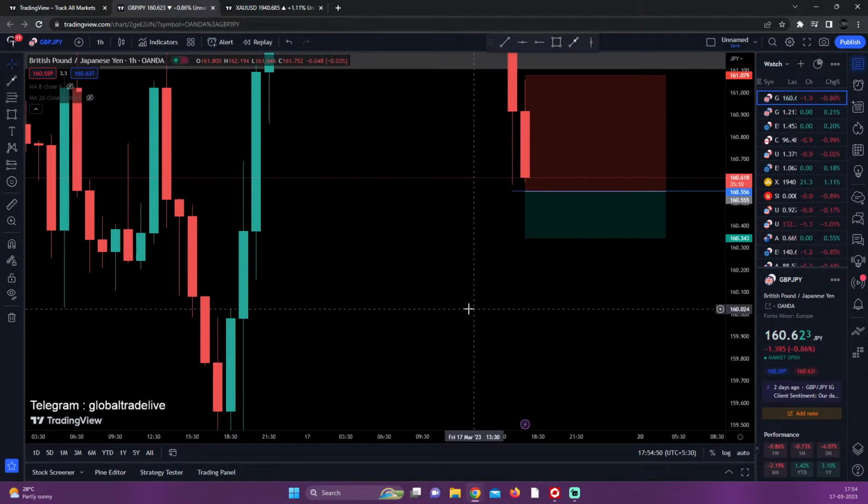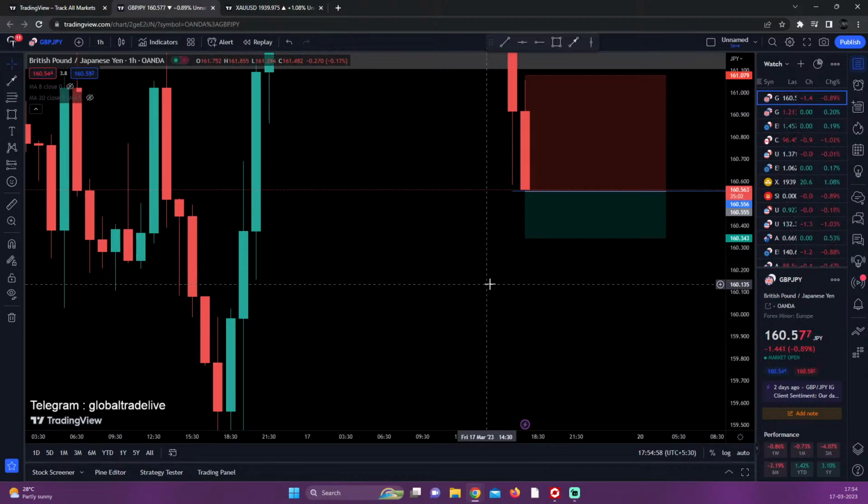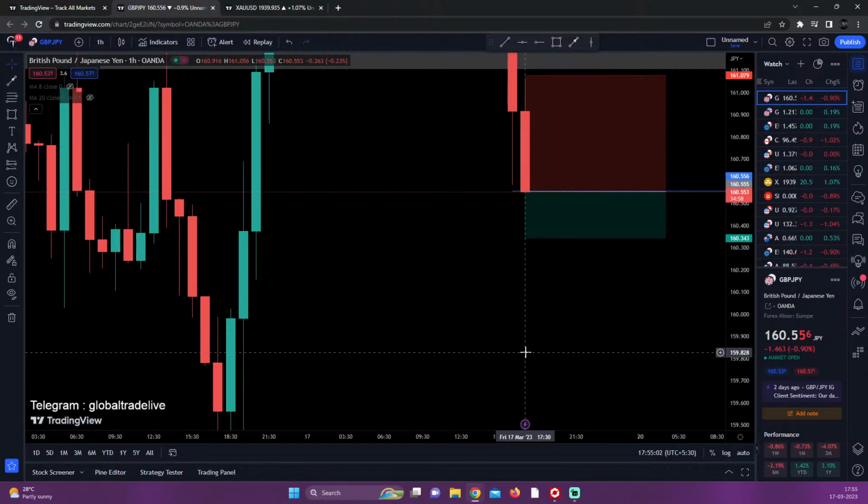So now what I'm doing in this particular trade is, okay, it's about to go down, and I took a sell trade at this point. I'm already up 3 pips, 4 pips over here. 161.079 is my stop loss.